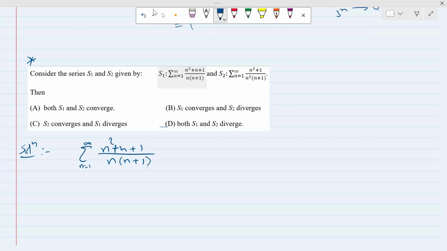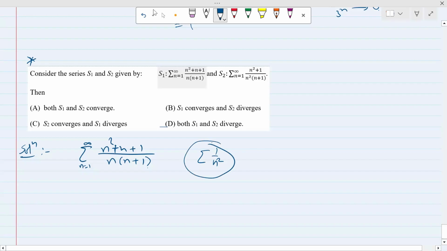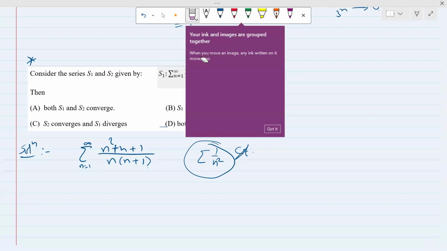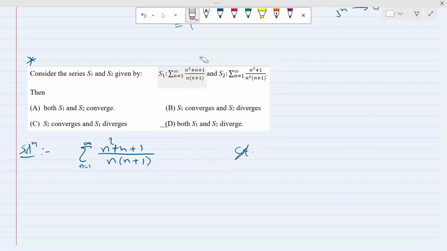By comparing with the series summation 1 by n square. Okay, good. So summation 1 by n square with this. With this, you have compared this, but this is convergent. No, sir.